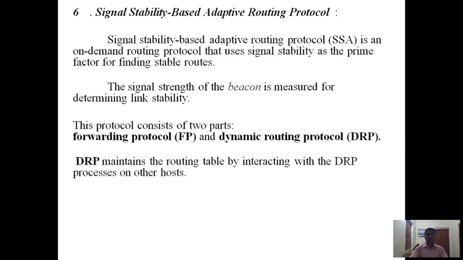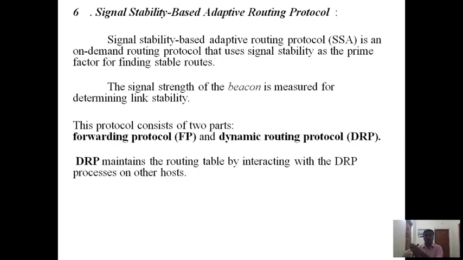The dynamic routing protocol maintains the routing table by interacting with the dynamic routing protocol process on other hosts. So this host's routing protocol interacts with the other host's routing protocol.